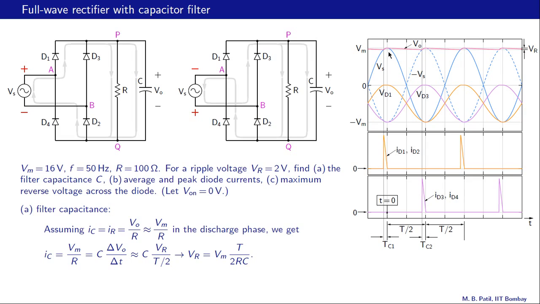So let's take this interval, for example. That is from t equal to 0 to this point here, which is nearly equal to T by 2. So we substitute for delta t, T by 2, and then we get VR equal to Vm T by 2RC.